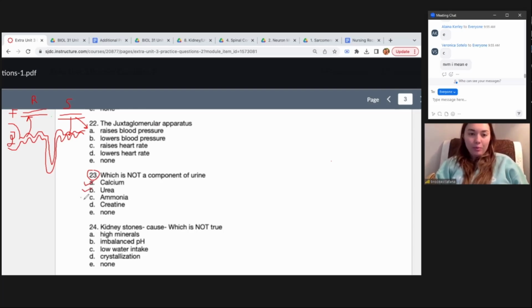Urea is part of urine, which is ammonia and carbon dioxide, and creatinine is also part of urine. So the answer here would be E, none, because all of those are components of urine.